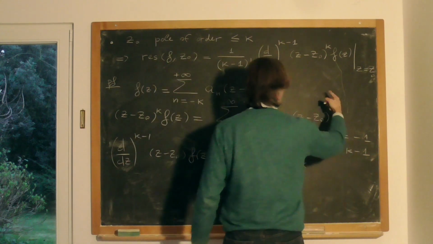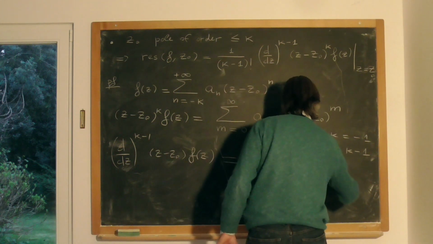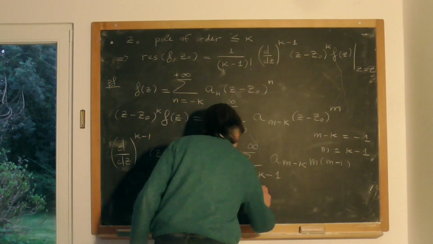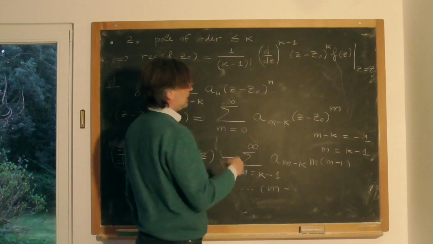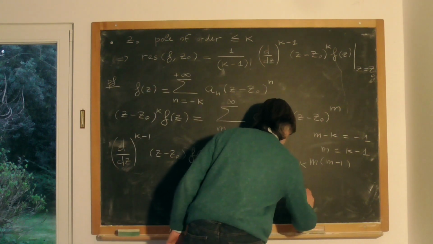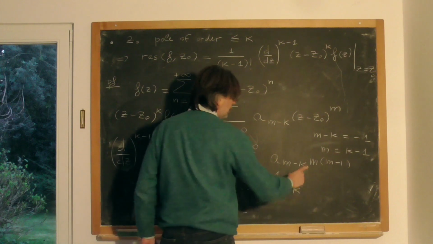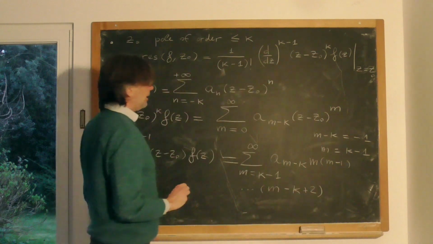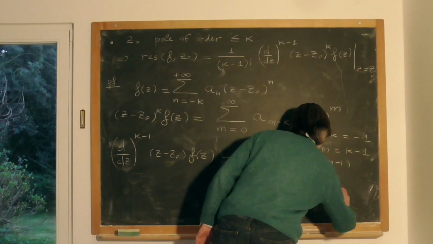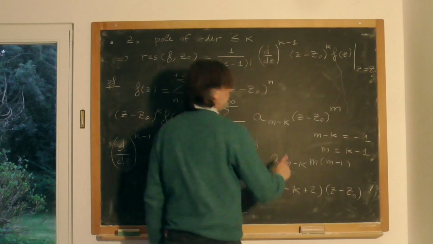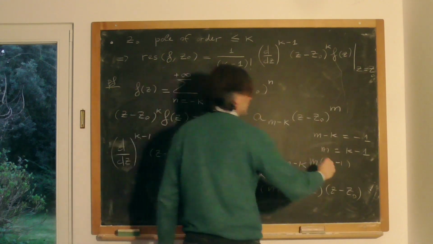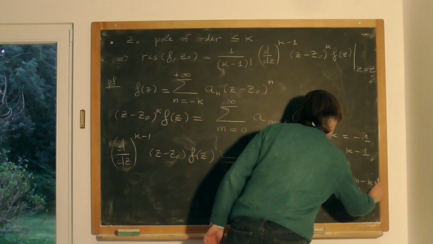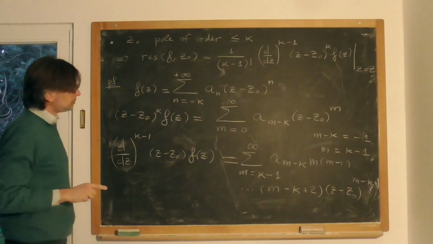If we derive k minus 1 times, we obtain m times (m minus 1) up to (m minus k plus 2), times (z minus z naught) to the power m minus k plus 1. Okay, you can easily check this formula.